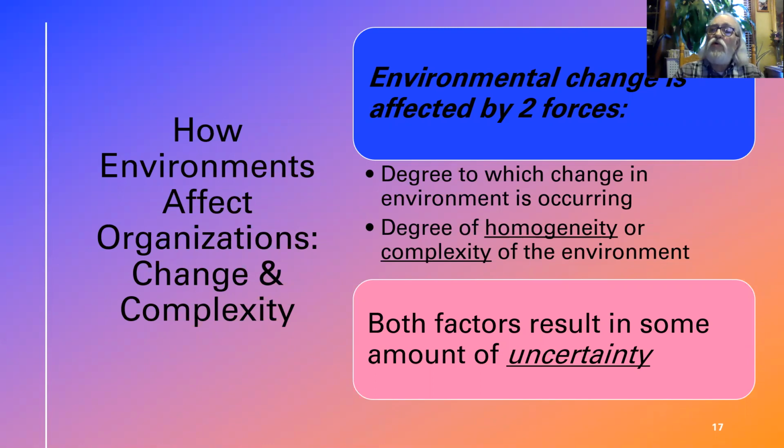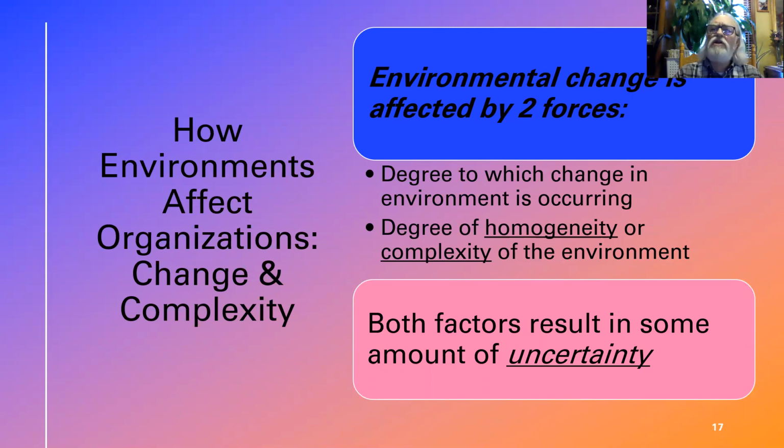The other force that affects change, of course, is the degree of homogeneity or the complexity of the environment itself. Does your industry involve a lot of complexity where there are a lot of departments and skills needed and a lot of different factors to consider all the time in your decision making?